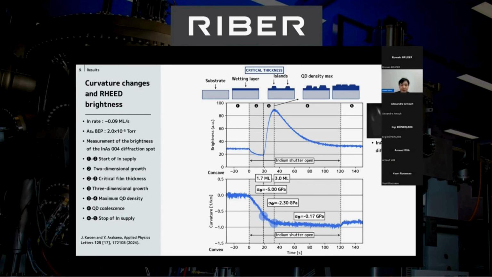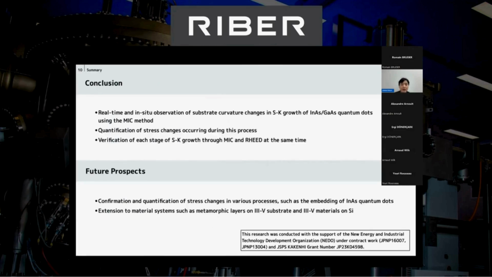After the indium supply is stopped, the curvature goes slightly up. Okay, this is the real-time and in situ observation of the substrate curvature changes in SK growth of the indium arsenide, gallium arsenide quantum dots using the EZ-Curve.